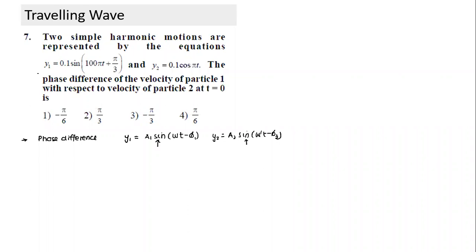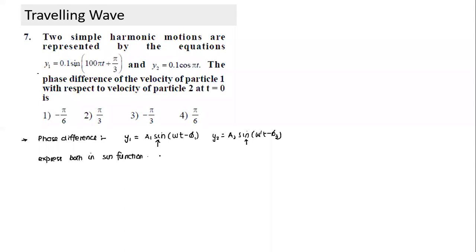What we find here is that one is given in sine form, the other is written in cos form. So first, to find phase difference, express both in the same sine or cos function. Typically, we express in sine function. We could have done it in cos function, but sine is more common. So this is already in sine function. How do we convert?